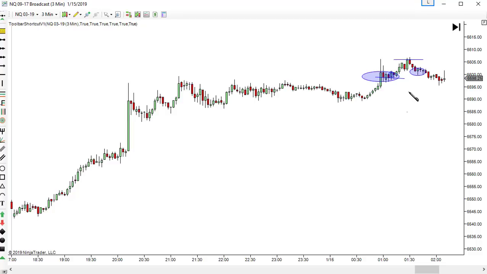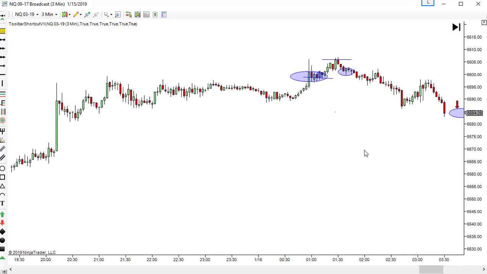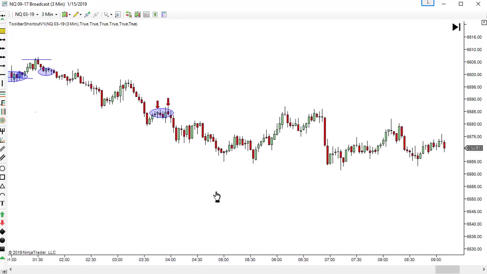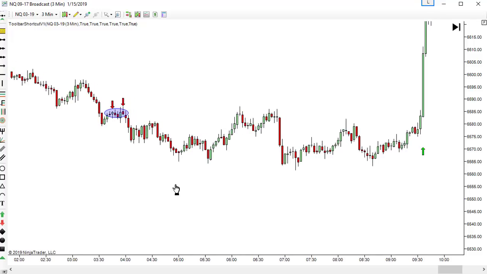Now we're going to do the same thing with the other three setups, and then we're going to briefly talk about the advanced setups. The next trade we're going to talk about is the understanding trade.